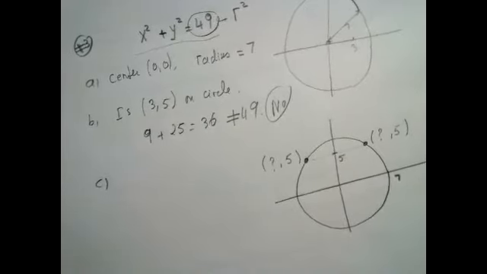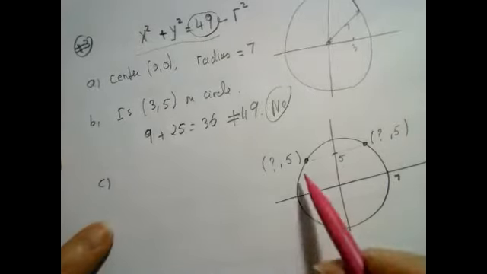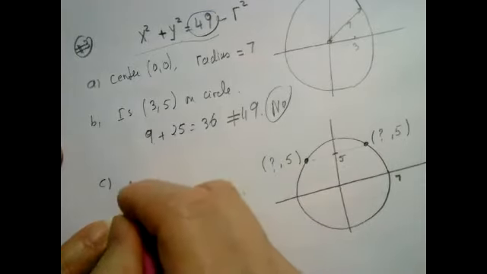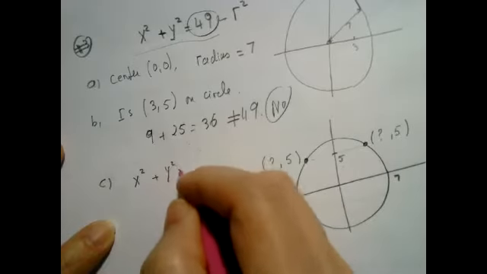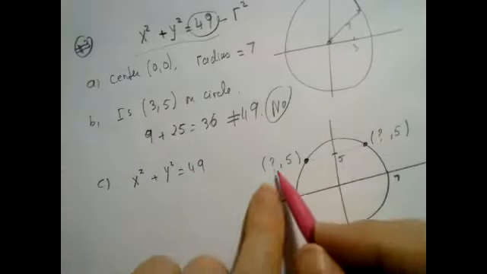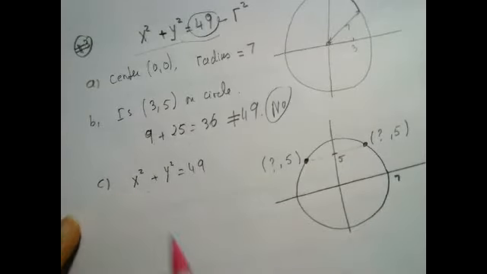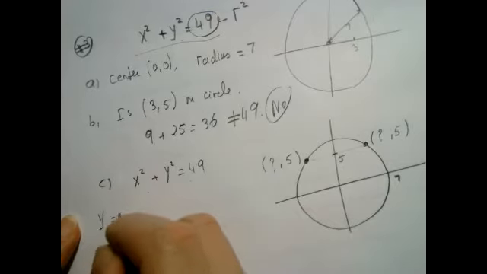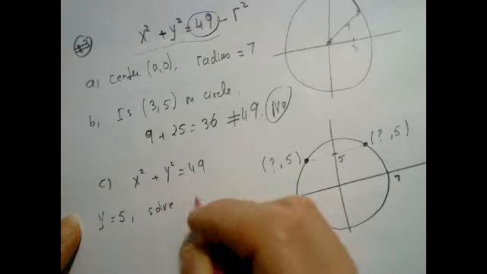Take 49 minus 25 and take the square root. Okay, let's see what your classmate is telling me. That's the equation of the circle. Every point on the circle, its coordinates should satisfy this equation. Now, I have y equal to 5, so we're going to solve for x.